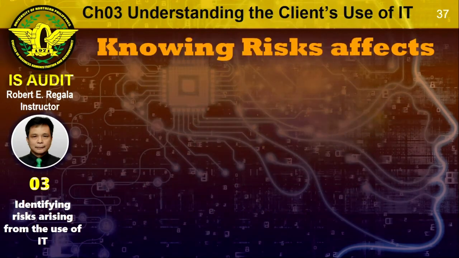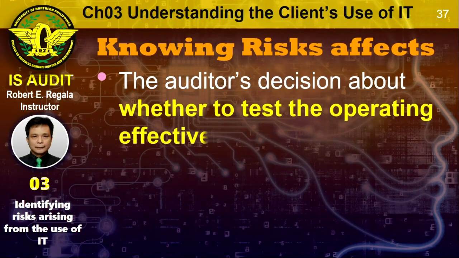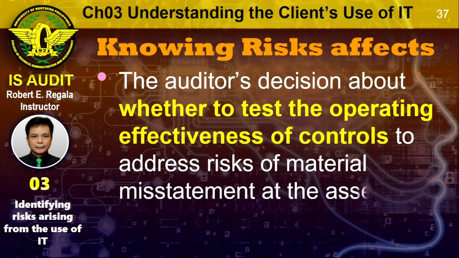Why the auditor identifies risks arising from the use of IT and general IT controls related to identified IT applications and other aspects of the IT environment. Understanding the risks arising from the use of IT may affect the auditor's decision about whether to test the operating effectiveness of controls to address risks of material misstatement at the assertion level.